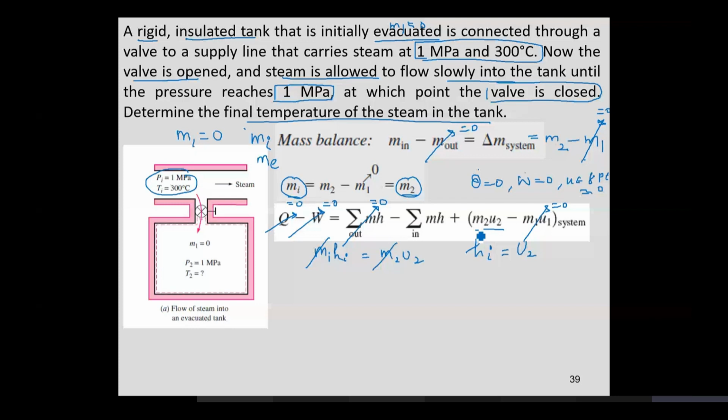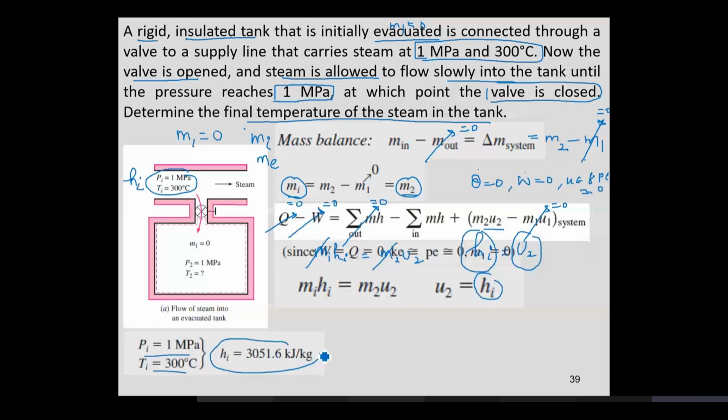You can use the same enthalpy as the second property for state 2, where you have pressure given. So you can use the pressure and the internal energy at state 2, which is equivalent to the enthalpy entering the system, Hi. You can use both properties to find the final temperature of your system. Clear enough? I'll stop over here.